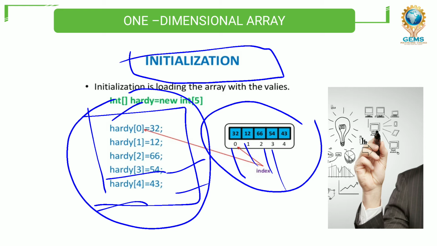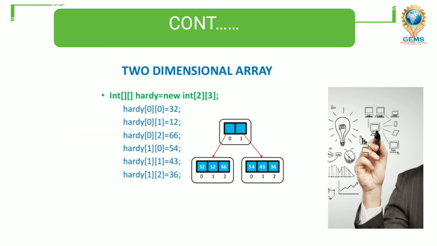Both ways are right ways to initialize an array in a programming language. Students, I hope you understand clearly what initialization is. Initialization is nothing but giving values to an array. I gave two different examples to understand initialization.